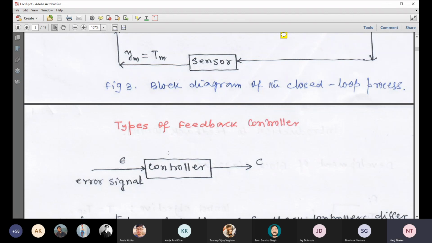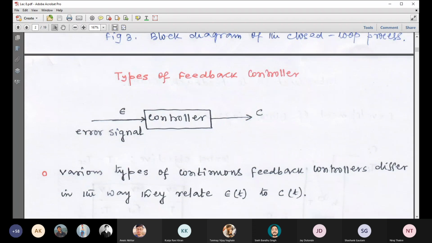If you consider this as a transfer function, then C by error is this controller transfer function. Now various types of feedback controllers differ in the way they relate epsilon(t) to C(t) in time domain.